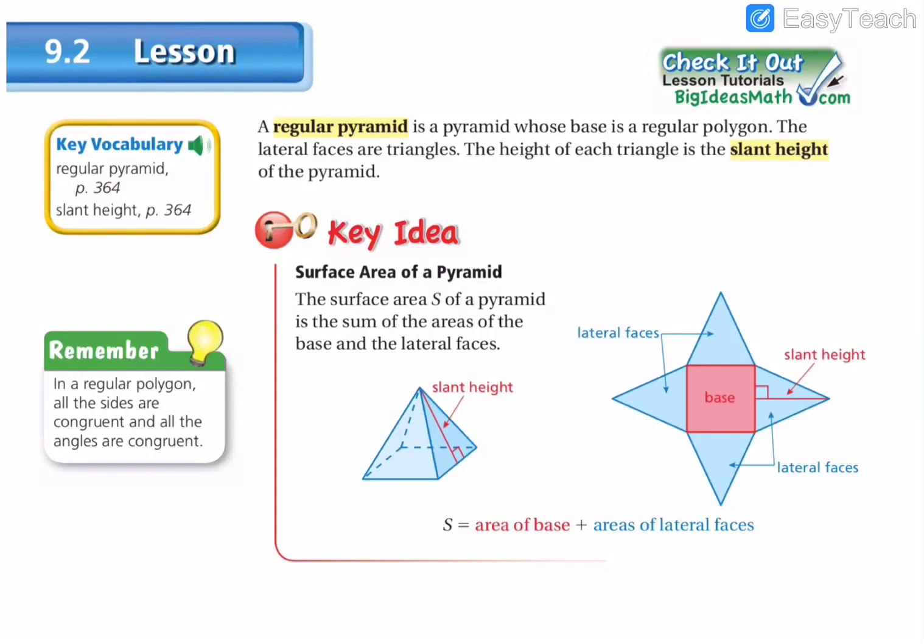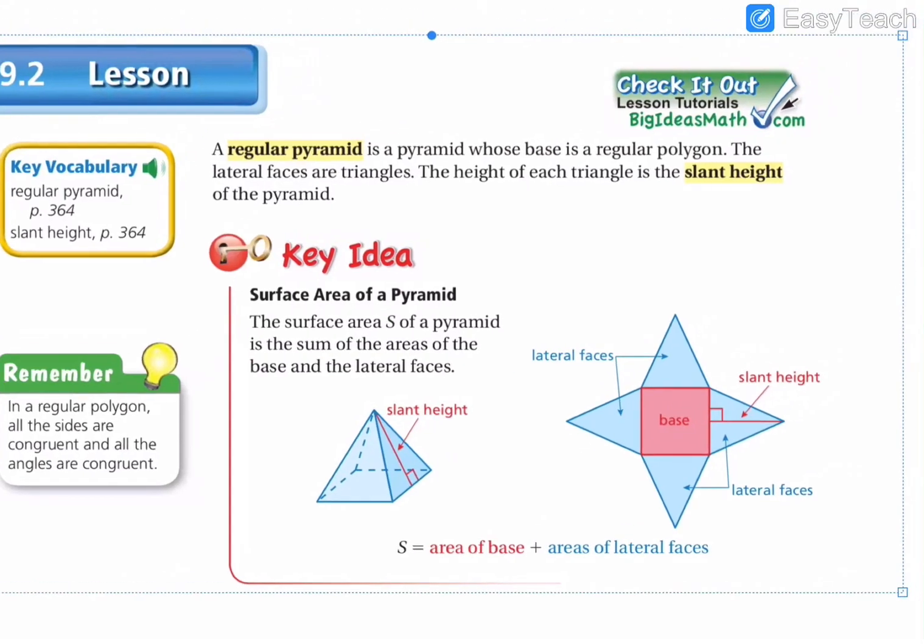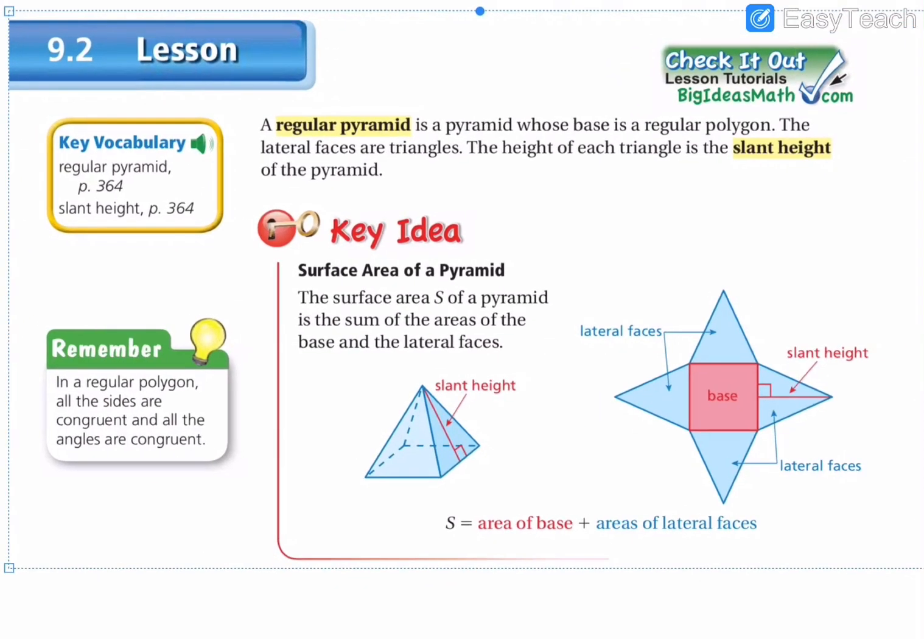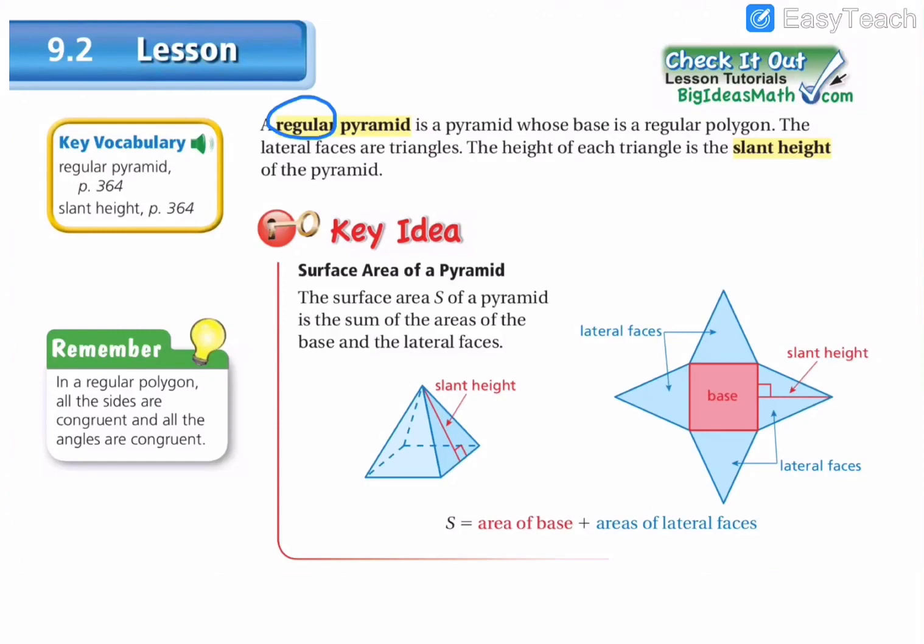So take a moment here to jot down the definition of a regular pyramid, the key word there being regular. When they say the word regular, they're trying to tell you that all of the faces are the same. It's kind of like if you had a regular pentagon.